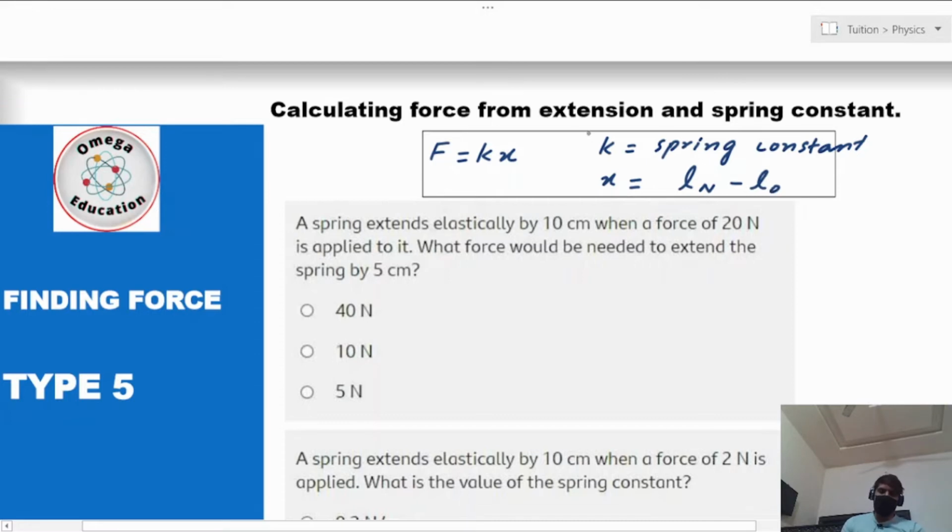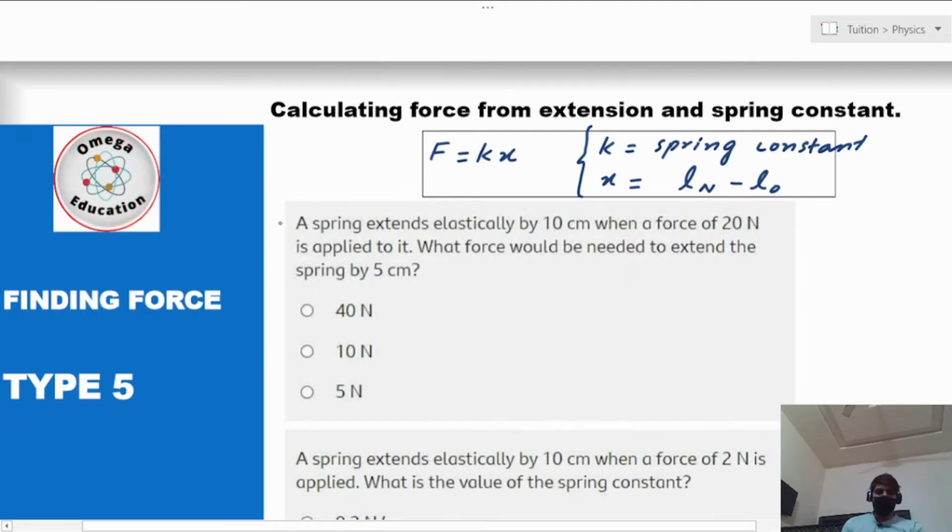But this is something that we study separately in the chapter on extension. Right now we're not getting deep into that. We just have to understand K stands for spring constant, X stands for extension.